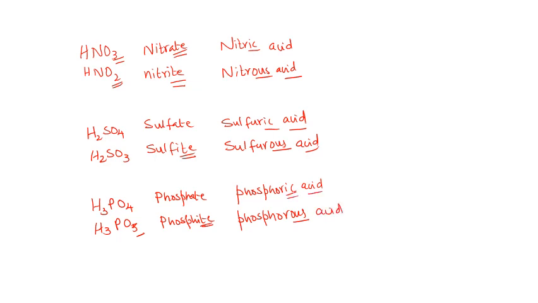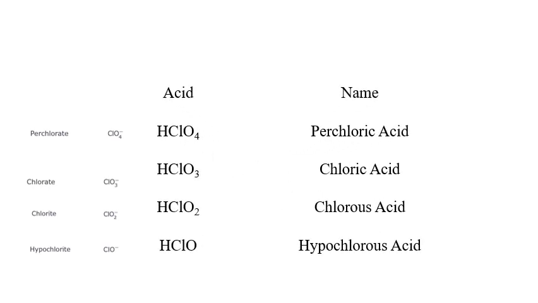So that also you have to know. All right. So depending on the polyatomic ion name, the name of the acid, the ternary acid, changes. So that is, oxyacids change.